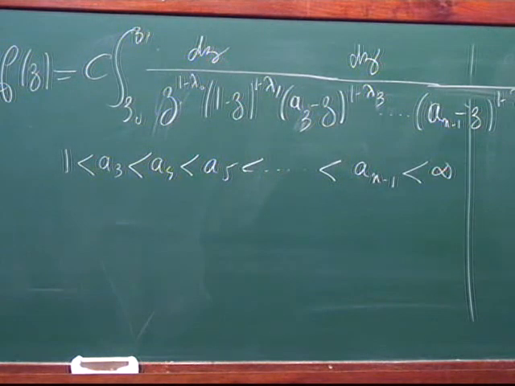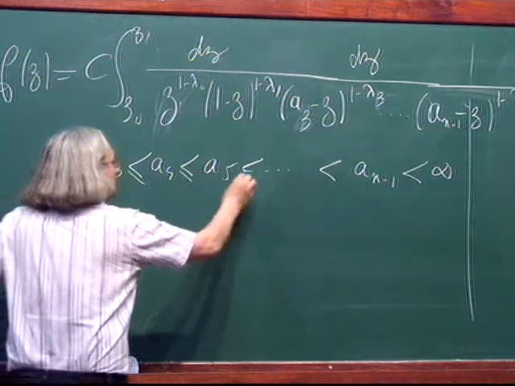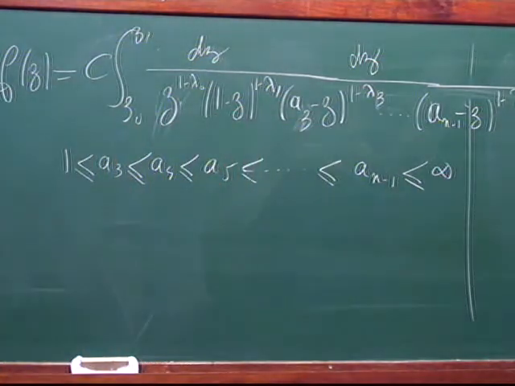And now the simple observation is that even if I put equal here, then I have a well-defined map. If two consecutive Ai's are equal, I have a well-defined map, which now is a conformal map not to an n-gon, but to an (n minus 1)-gon.